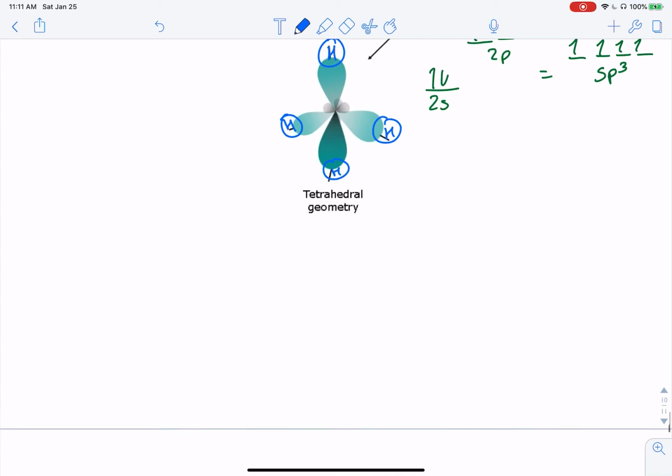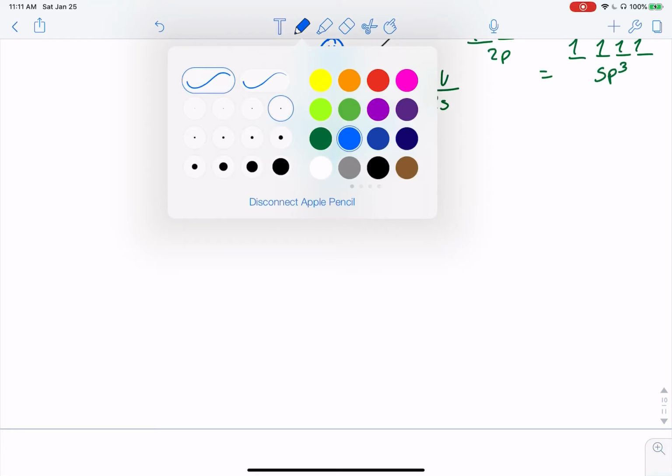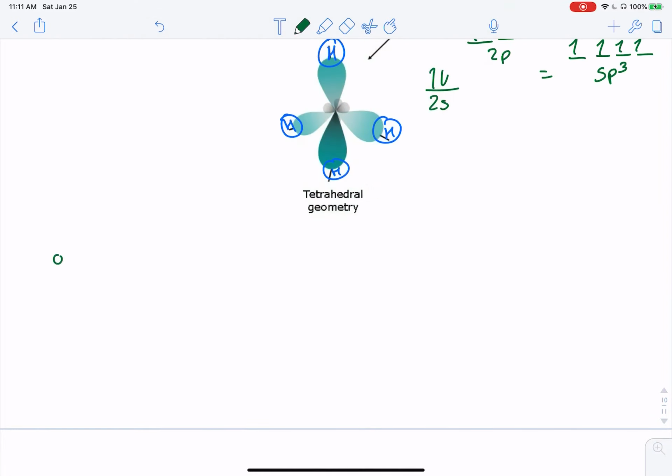What you need to know is that only sigma bonds and lone pairs hybridize, because pi bonding actually happens in a different way. Okay, only sigma bonds and lone pairs hybridize. So if you add up how many sigma bonds and how many lone pairs you have on an atom, you can figure out its hybridization.